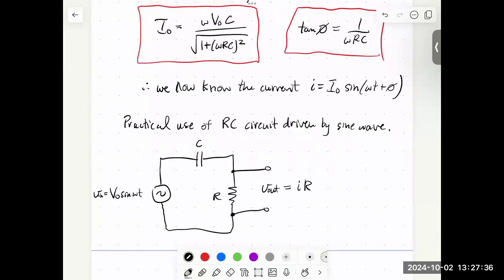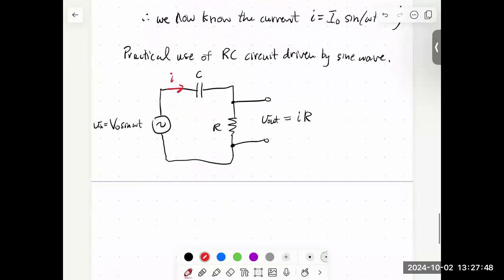But the voltage across the resistor is just I times R. And we just solved for I. So here's I. So V out is equal to IR, which is going to be equal to I naught times R times sine of omega t plus phi. Now I want to think about just the amplitude, the coefficient in front of the sine omega t.